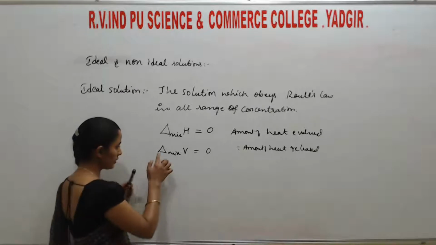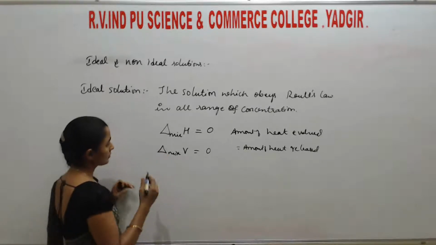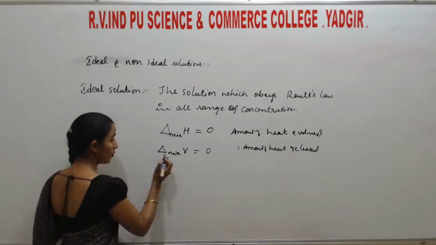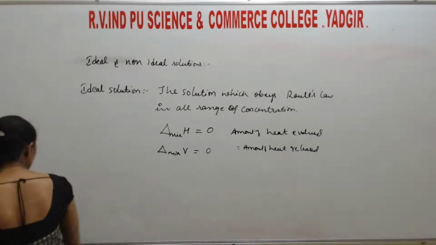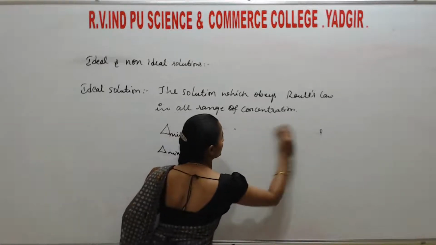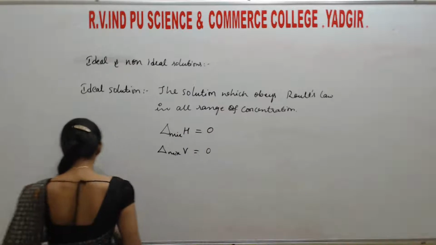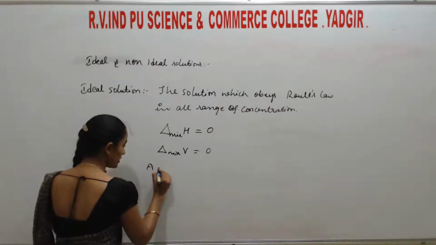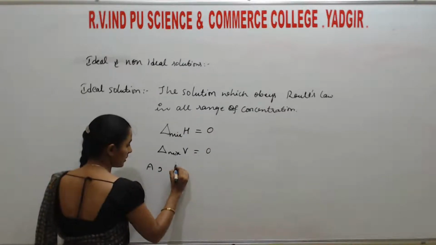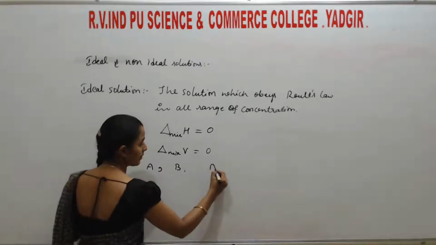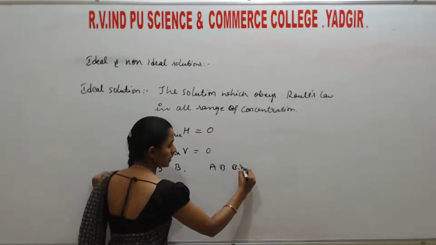Why do they show no change in enthalpy or volume? Assume A is one type of component and B is another. A and B give a binary solution.